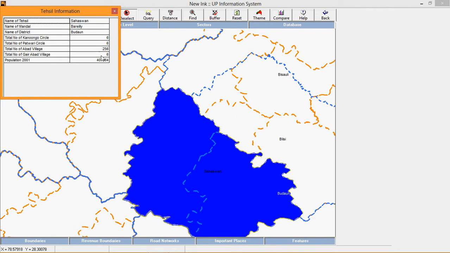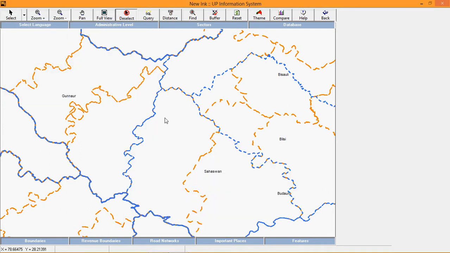This has got 256 Abad villages, which are inhabited villages, and 6 uninhabited villages, and this tehsil has got 4,07,664 number of people as per census 2001.